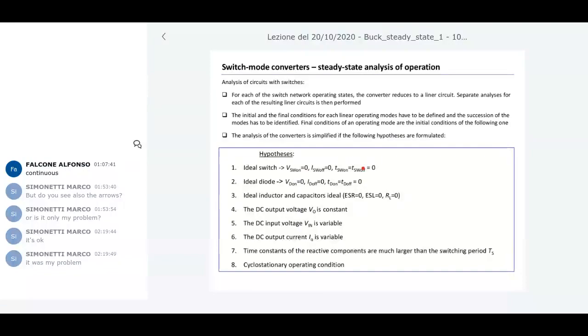For example, if you have a supply for your microprocessor, okay, you have to supply, I don't know, 3.3 volts for your microcontroller or microprocessor. Then the load is represented by the circuits that are operating in that particular situation.